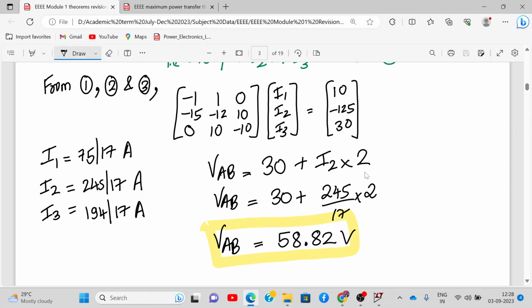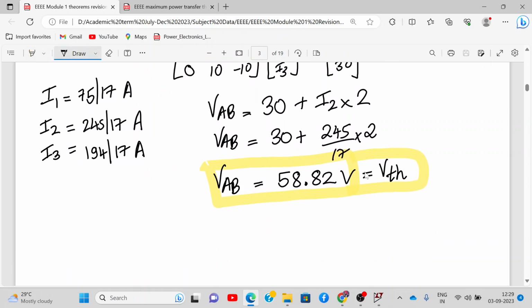Is it coming same? Hello. Anyone got VAB as 58.82? Yes, sir. Okay, and that is equal to VTH.